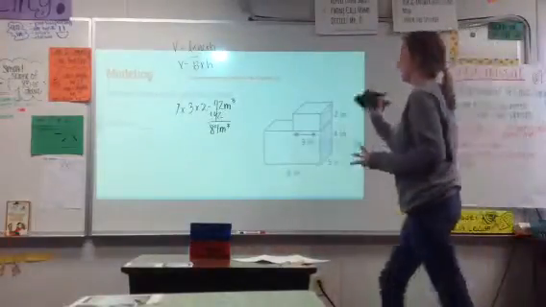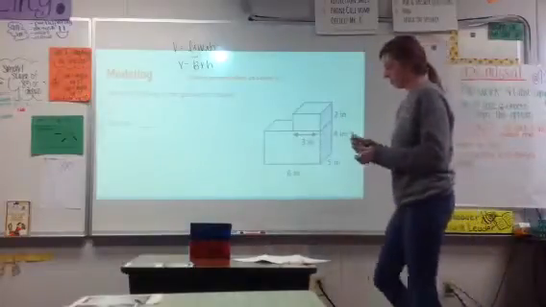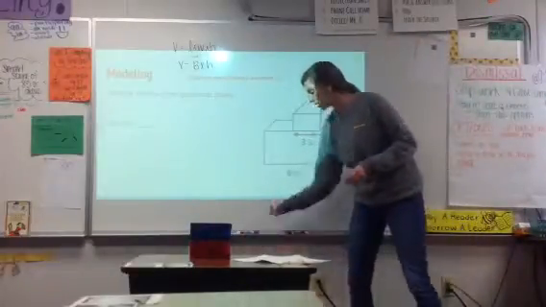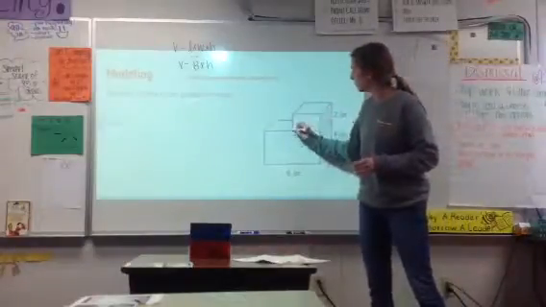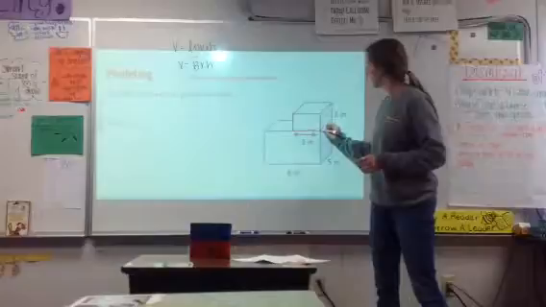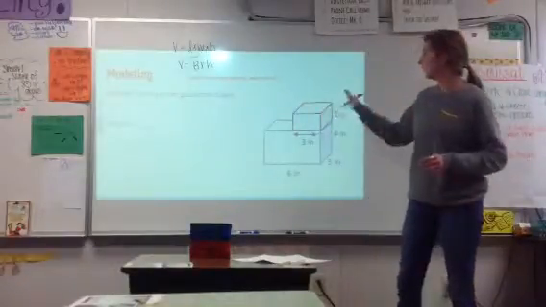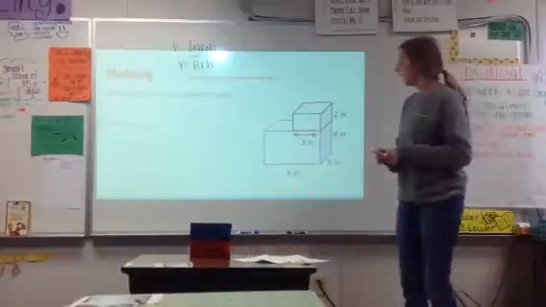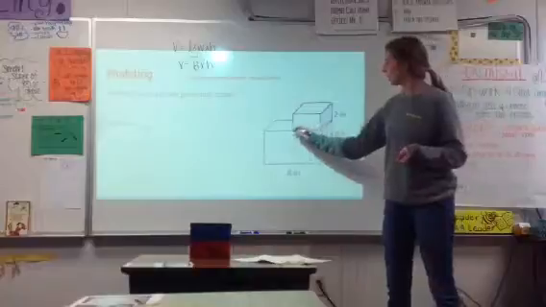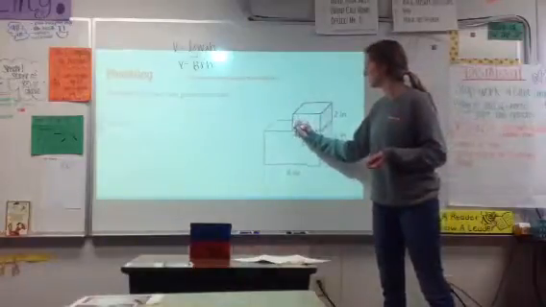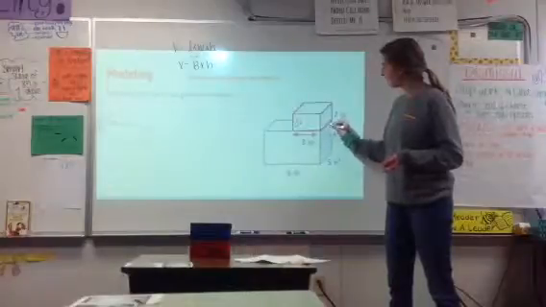So let's take a look at this one here. And I'm going to use different color markers to help you see the two rectangular prisms. So the first one I see is this tiny one up on top. That is one of the rectangular prisms. And I know how to find the volume for a rectangular prism. I take my length, which is 3, times my width, which right here doesn't have a number on it.